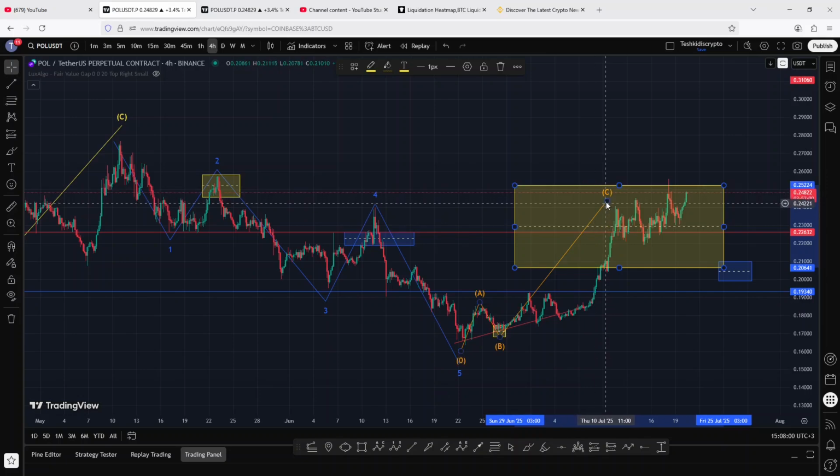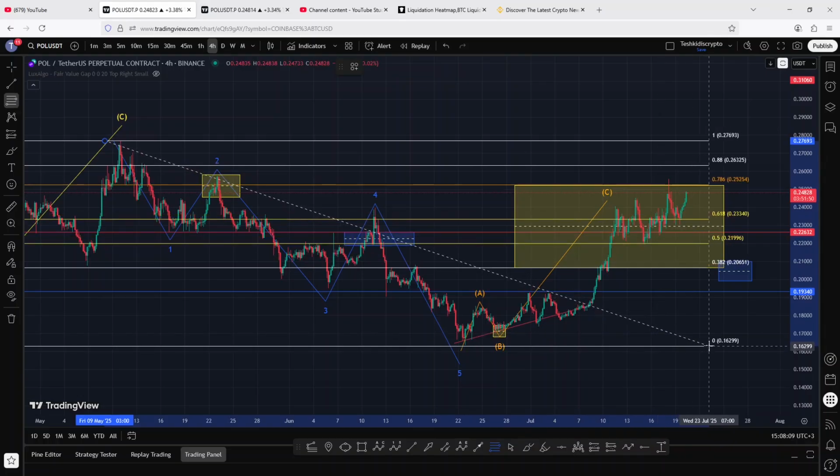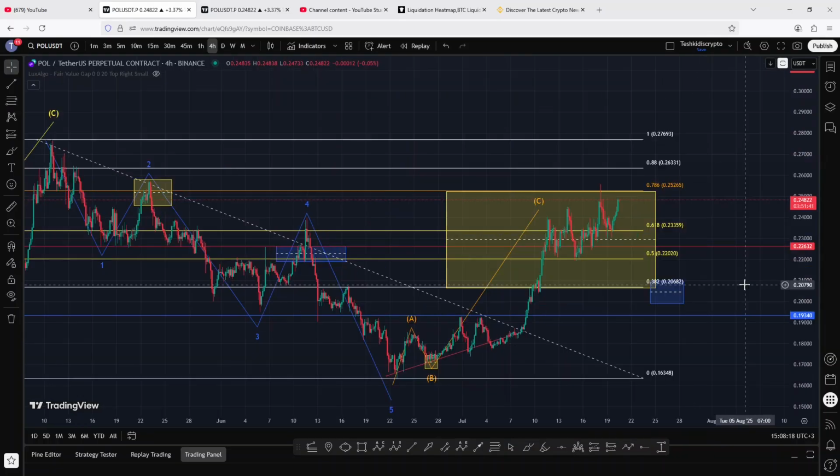And that ABC corrective structure, its minimum target areas can be given by connecting the Fibonacci's from the high of the wave 1 to the low of that first, that is the wave 5. And on so doing, the area of interest is between the fib level 0.78 and the fib level 0.382, which is the yellow target area over here.